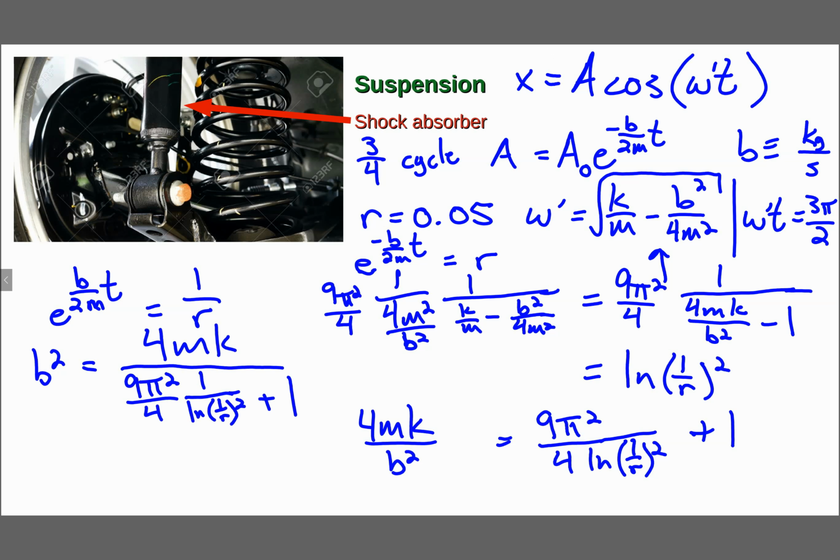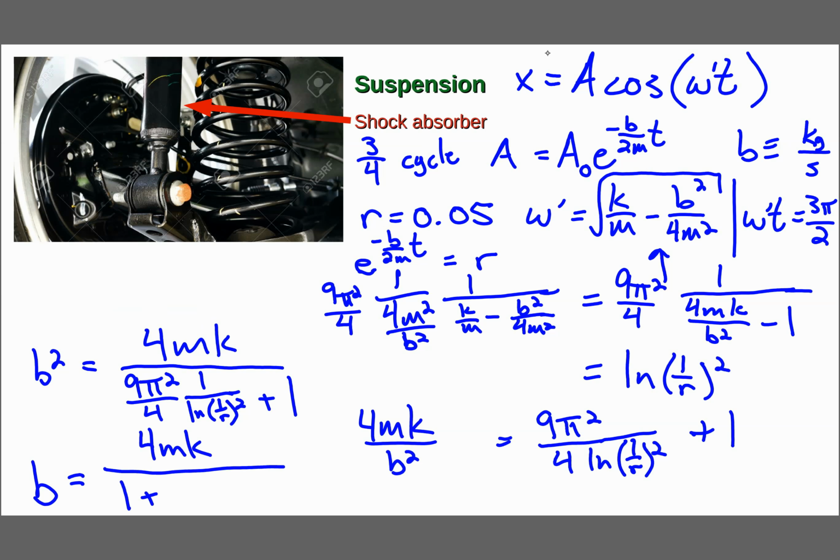Okay? And so then b equals 4mk over 1 plus this quantity 9 pi squared over 4 ln 1 over r squared. Okay? And that's all in a root.